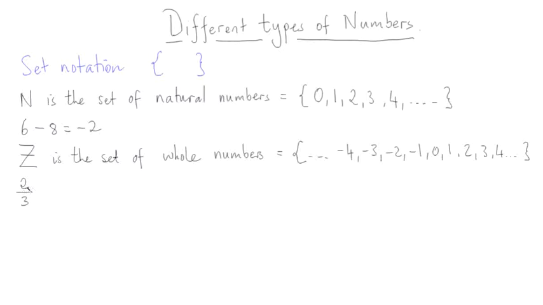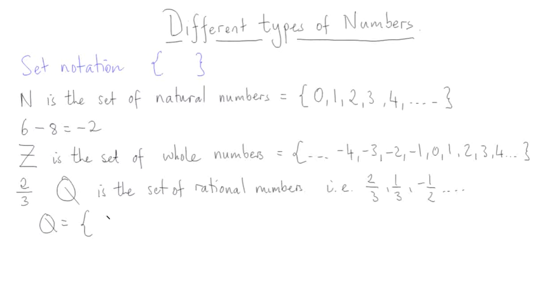In order to describe these numbers, we have a new set called capital Q, which is the set of rational numbers, for example, 2/3, 1/3, minus 1/2, etc. And the way we define Q is the set of numbers A divided by B, where both A and B are whole numbers.